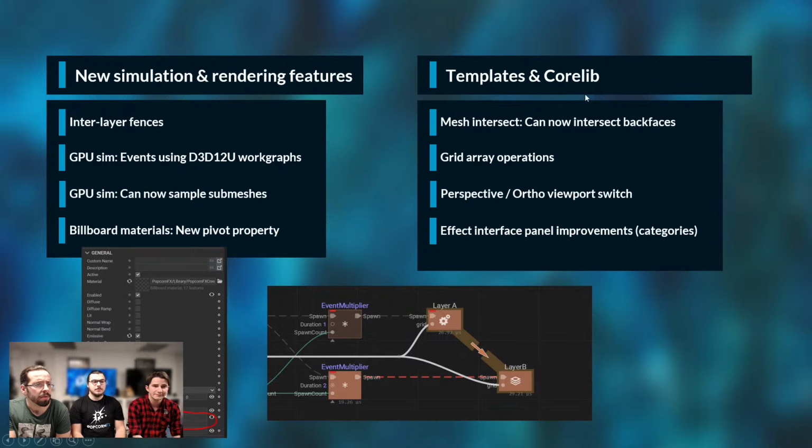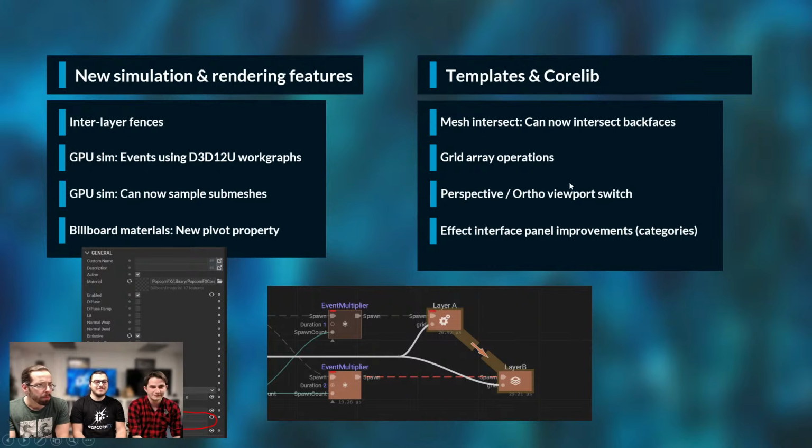In the templates and corelib side, a bunch of miscellaneous things. When you intersect meshes, you now have an option to say that you want to intersect the back faces of the meshes. Before it was only intersecting from the outside in, so just the front face. There are a bunch of grid array operations now, so you can basically do sums on grids. It's something you would use loops for, but because we don't yet have loops in the graph, this is kind of a hack to fake loops.